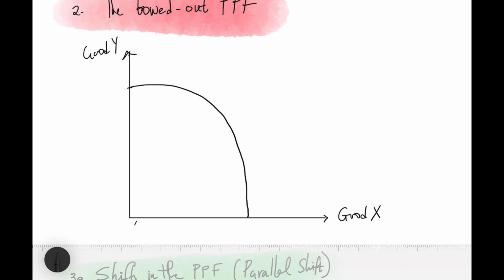Again, if I know the units, I will write, say, 4,000 units of good Y and 3,000 units of good X, and my origin is 0. All right, so that's the bowed-out PPF. That's what it looks like.